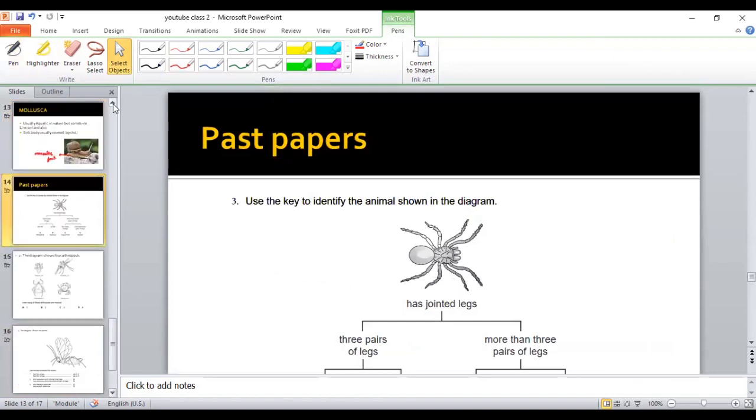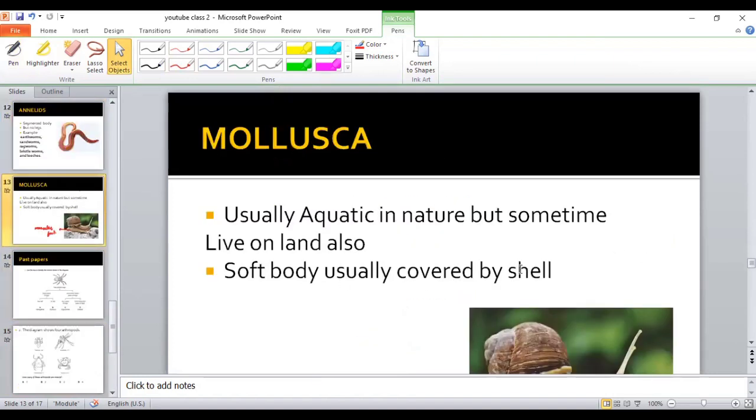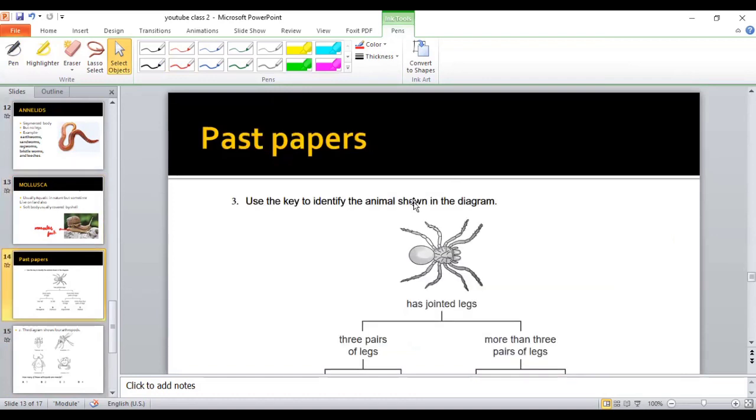So don't be confused with this one. They have a soft body, but a shell is there. This is the shell. And they are different from arthropods because they don't have legs. Keep it in your mind. They don't have legs.